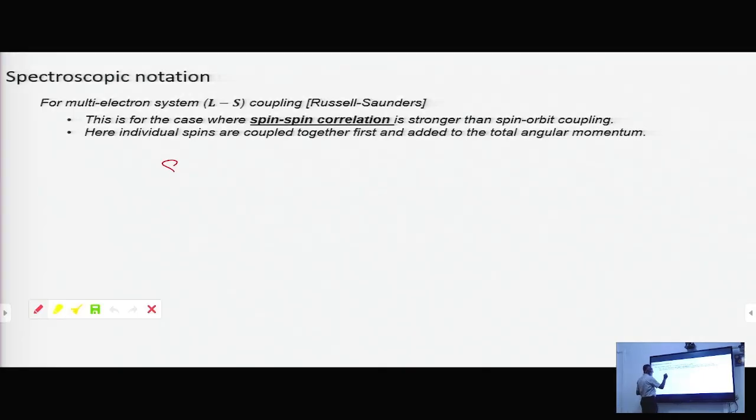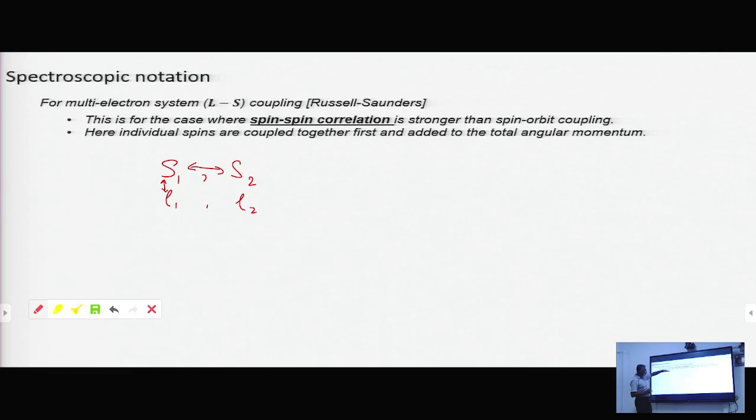What I mean to say is, suppose spin is very strong, right? So suppose you have S1, then you have S2, the spins of the electrons, and the same electrons will have L1 and L2. You write it in small letters. I'm saying that spin-spin interaction is important. It means this interaction is going to be stronger than this interaction.